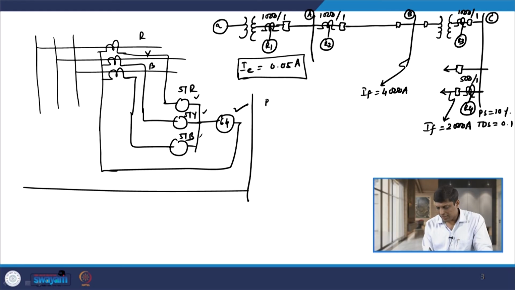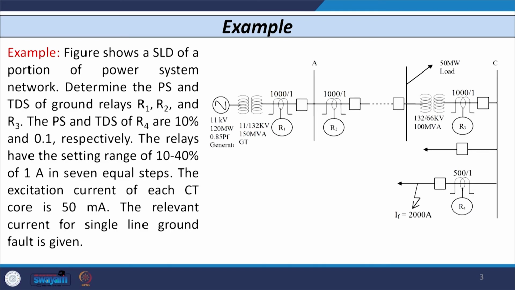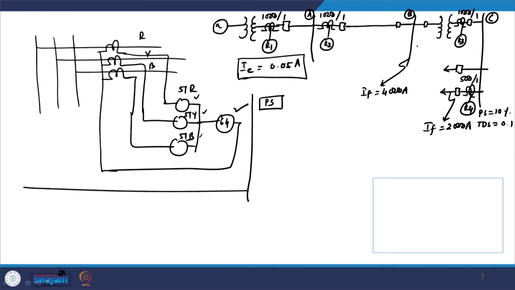So, let us start with the plug setting of the relays R3, R2 and R1. Before I start, let us consider the transformer ratings. The rating of the transformer given here is 132 by 66 kV and it is a 100 MVA transformer. On this side you have 66 kV, on this side you have 132 kV, and the rating of the earlier transformer is also given.